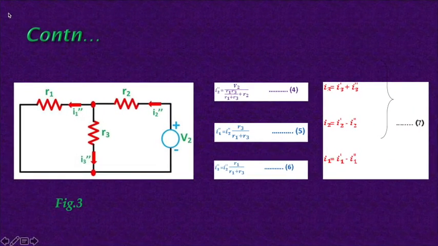Now activating the voltage source V2 and deactivating the voltage source V1 by short circuiting it, find the various currents, that is I1 double dash, I2 double dash and I3 double dash flowing in the circuit diagram. Here I2 double dash is the net current that is divided into two parallel resistors R1 and R3.